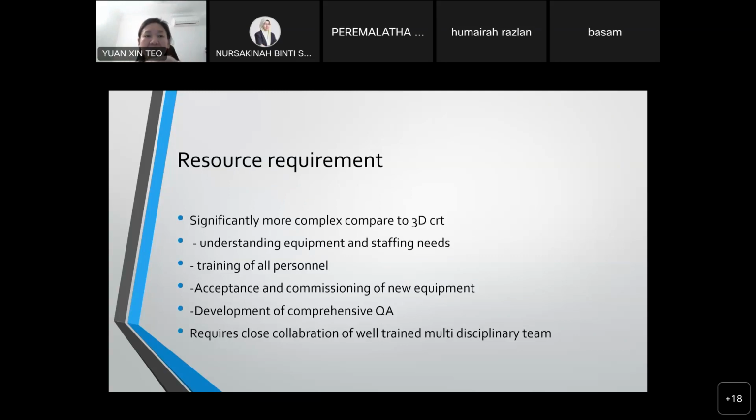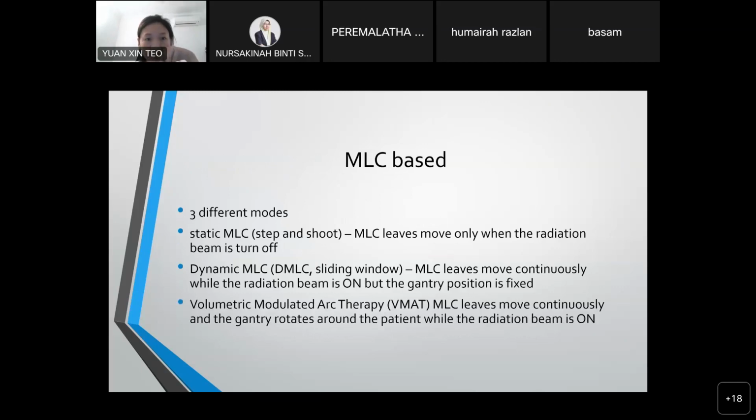In IMRT there are 3 different modes, depending on your machines. The first one is static MLC, which we call step and shoot.